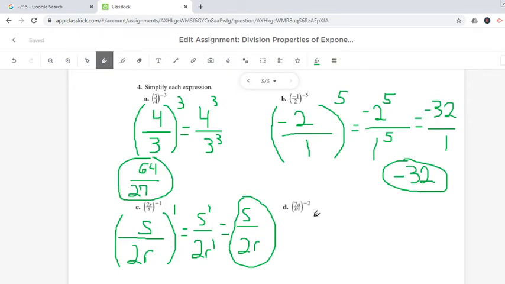And last one. So we have a negative exponent. So what do we do? We take the reciprocal. So m in the numerator. 7a goes in the denominator.